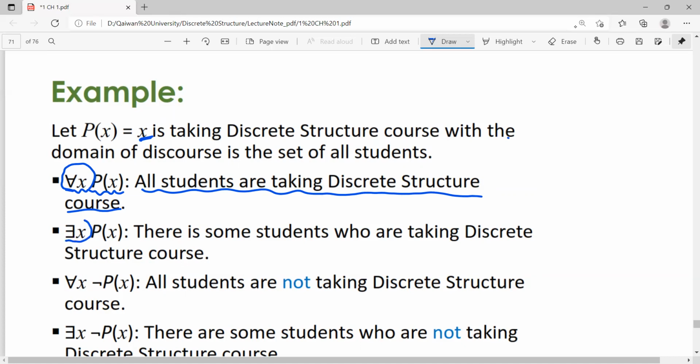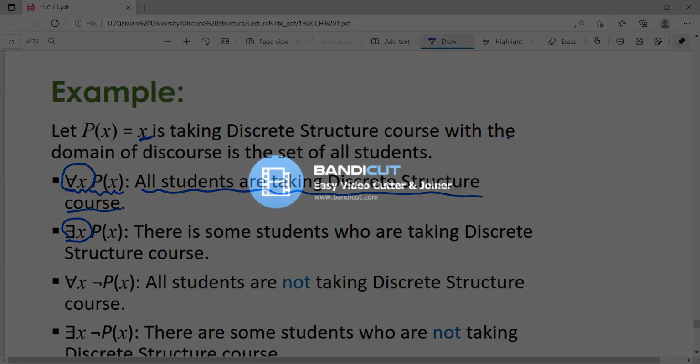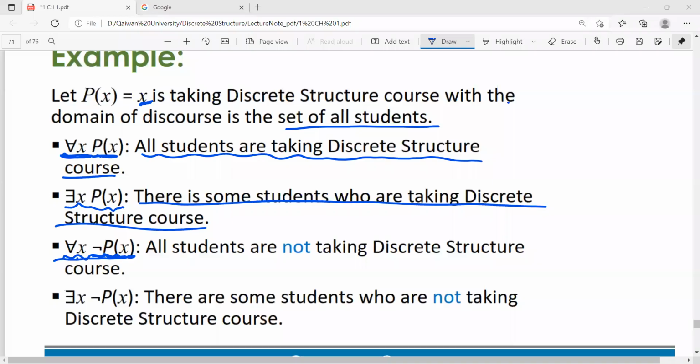Here we have there exists x. We say there are some students who are taking discrete structure course. So here, let me plug this in. We have for all x negation p of x. For all x means all students.